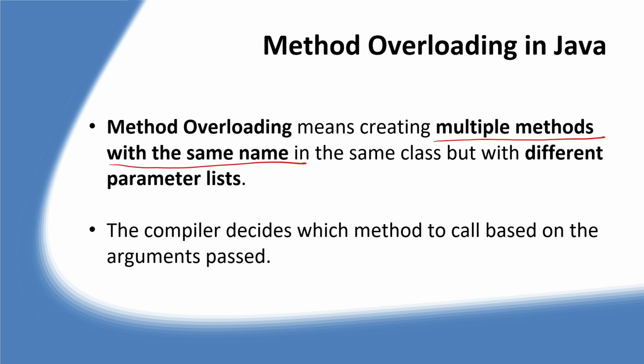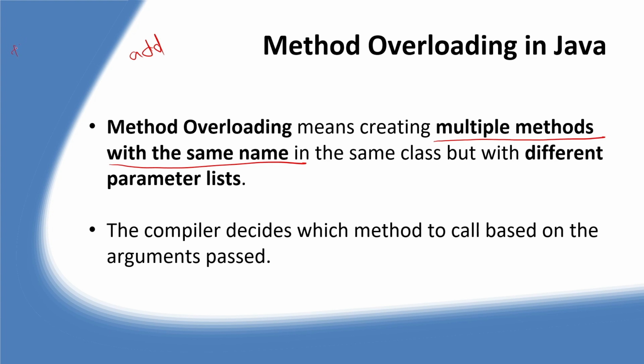So instead of creating methods like add two numbers, add three numbers, add double numbers, we can simply use one method name, add, and we can overload that method. For example, we have a method add. Let's say we want to add two numbers and add three numbers.